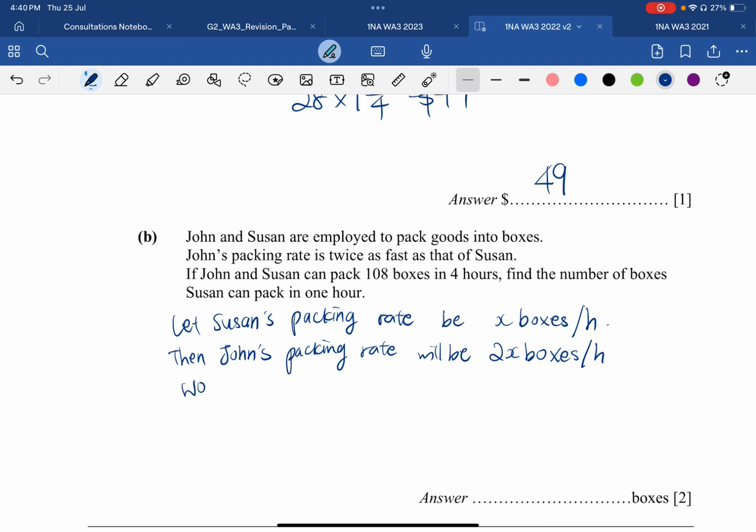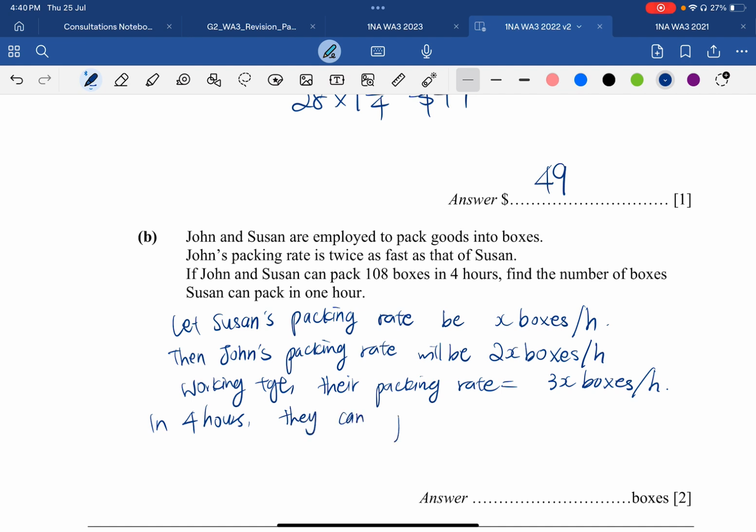Okay, so working together, their packing rate will be 3x boxes per hour. Okay, and then in 4 hours, they can pack 3x times 4, which is 12x boxes.